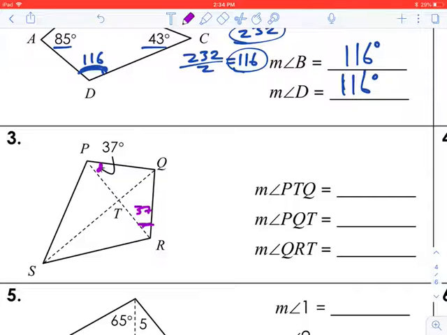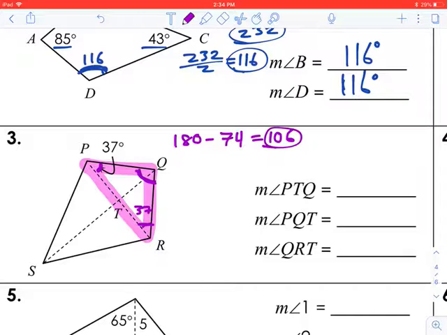And if that's 37 and 37, don't forget we have a triangle here. So 37 plus 37 is 74. Subtract 180 minus 74, and I get 106. So if that's 106, that means these two parts are 53 and 53.